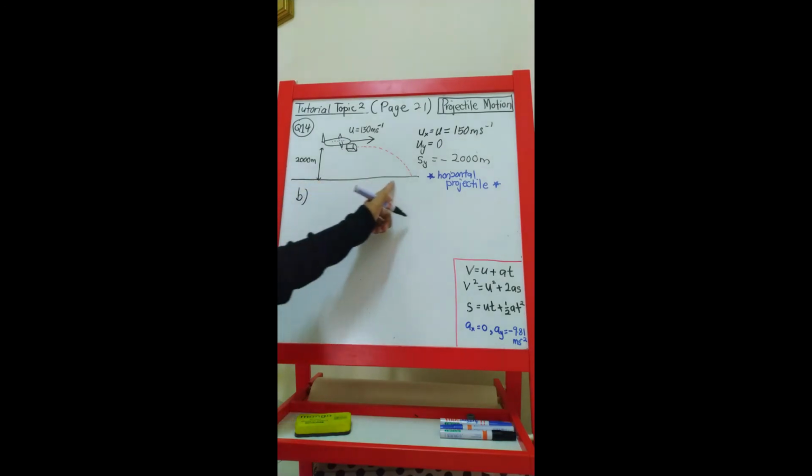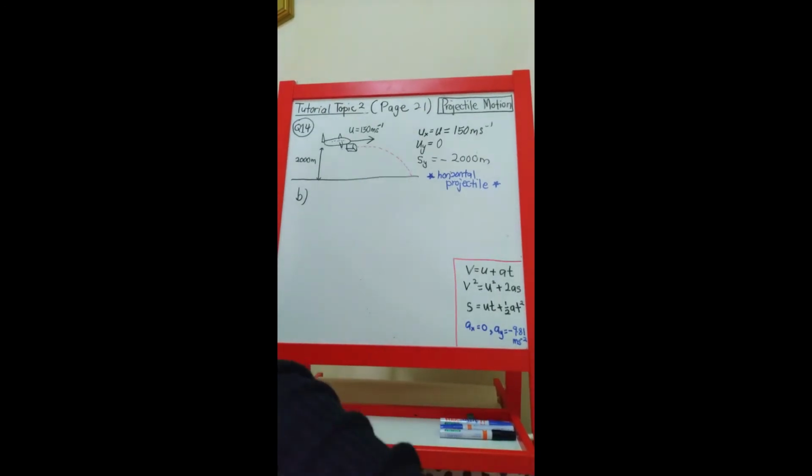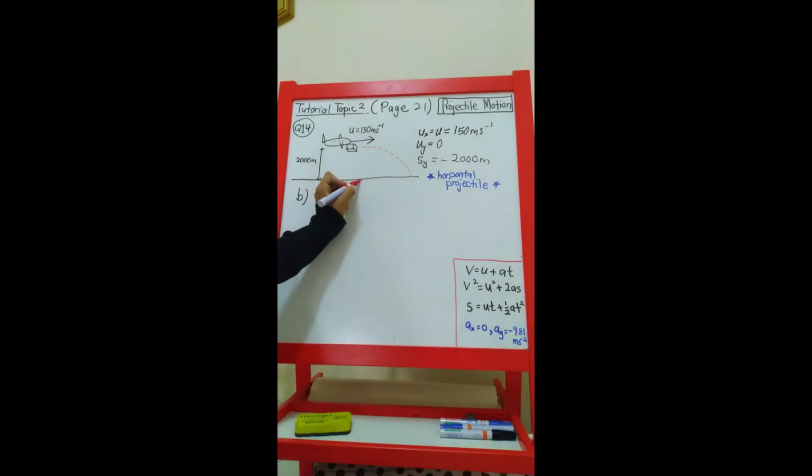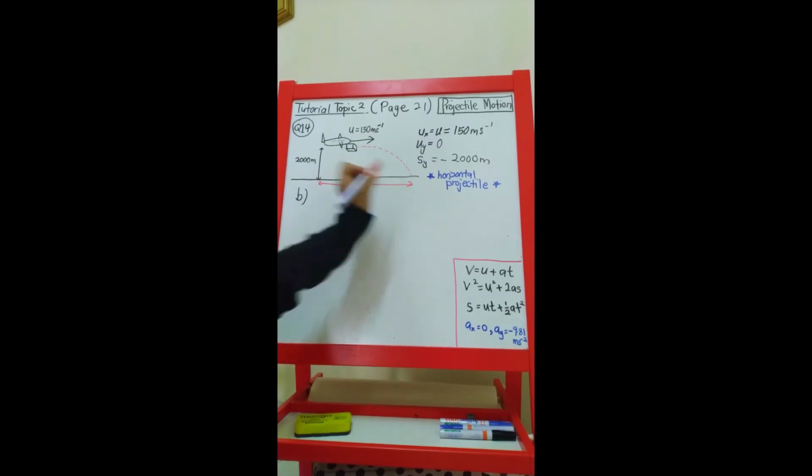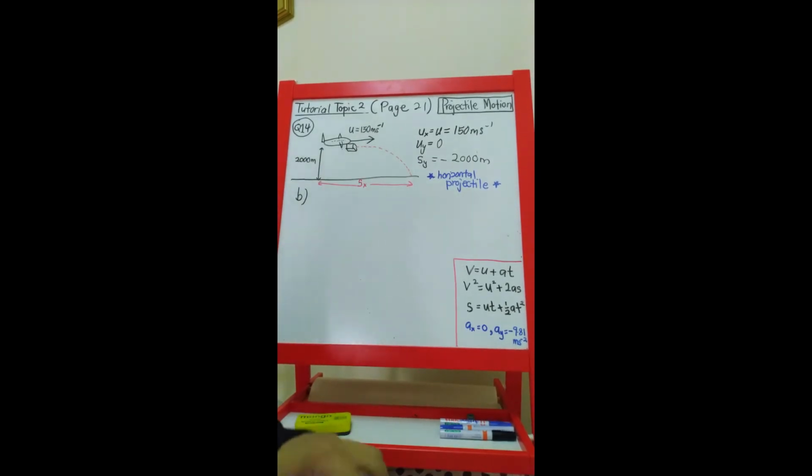For part B, it asks how far does it travel horizontally? So obviously, it asks you to find the horizontal distance, sx, or we call it range. So we are playing with the x component here. Let's do SUVAT analysis.